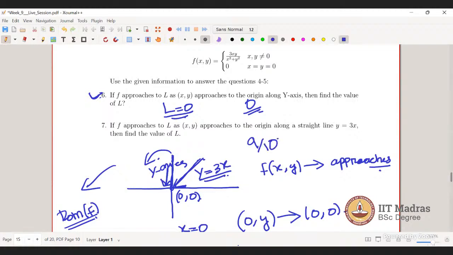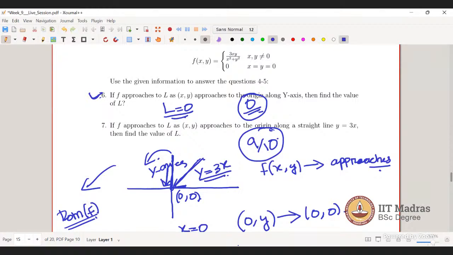So as you can see, when you are coming to origin from two different paths, at least through y-axis and through this line y equal to 3x, you are getting different limits, right? So that's why the limit doesn't exist. Clear? Why in this case limit doesn't exist?